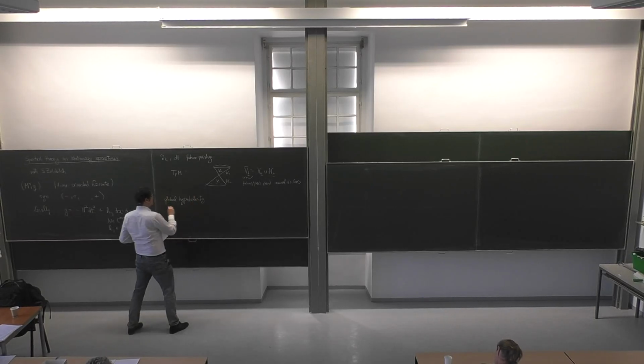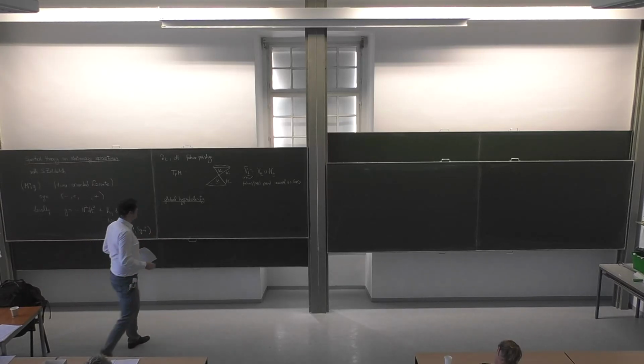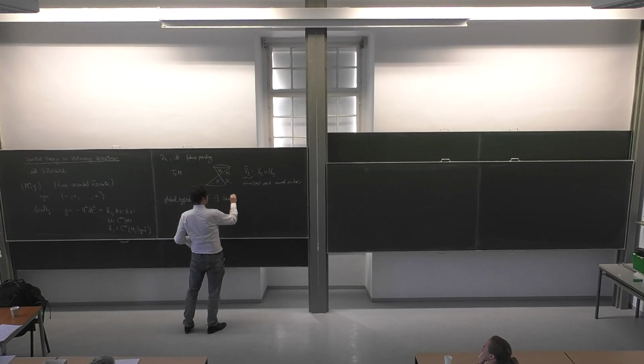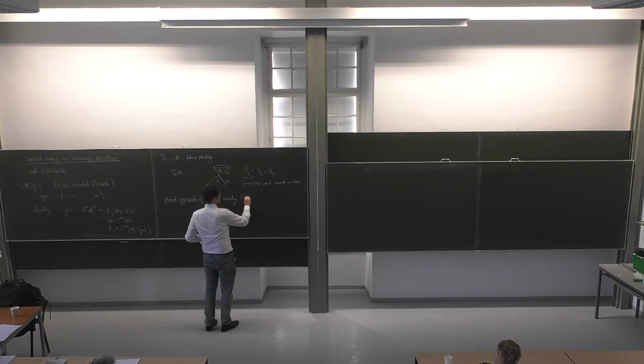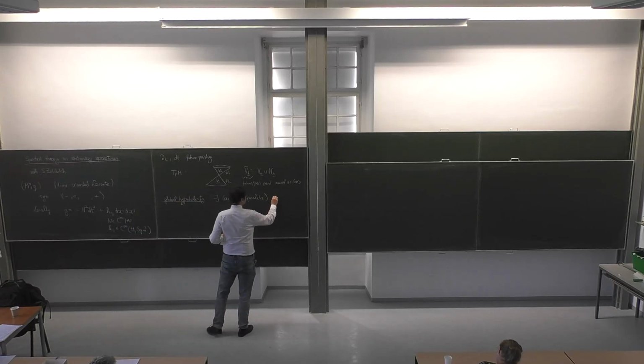I'll try to give you the least frightening one, which is that there exists a Cauchy surface. By definition, there exists a space-like Cauchy hypersurface of codimension 1, smooth.